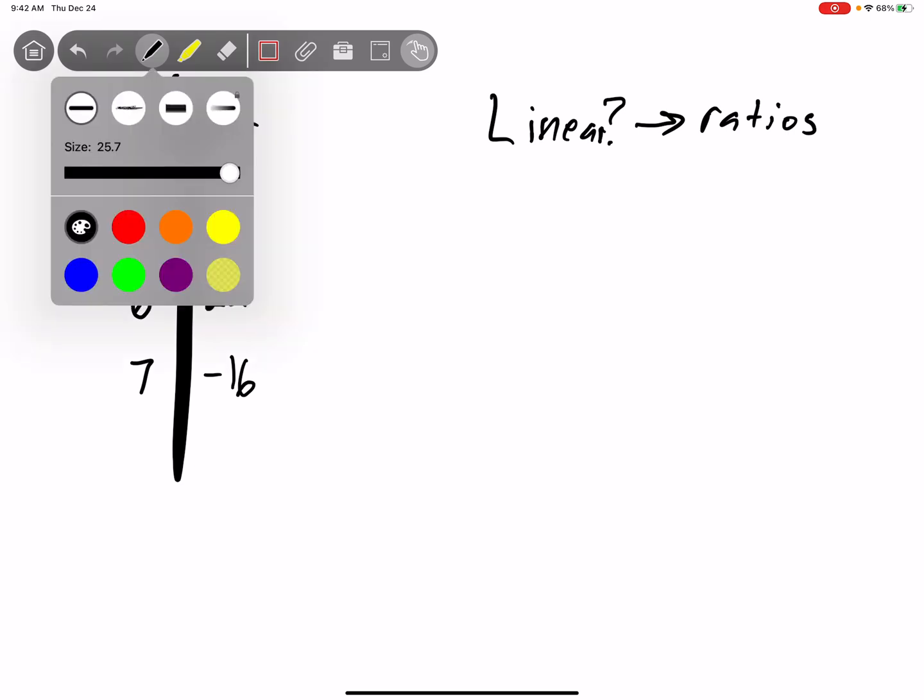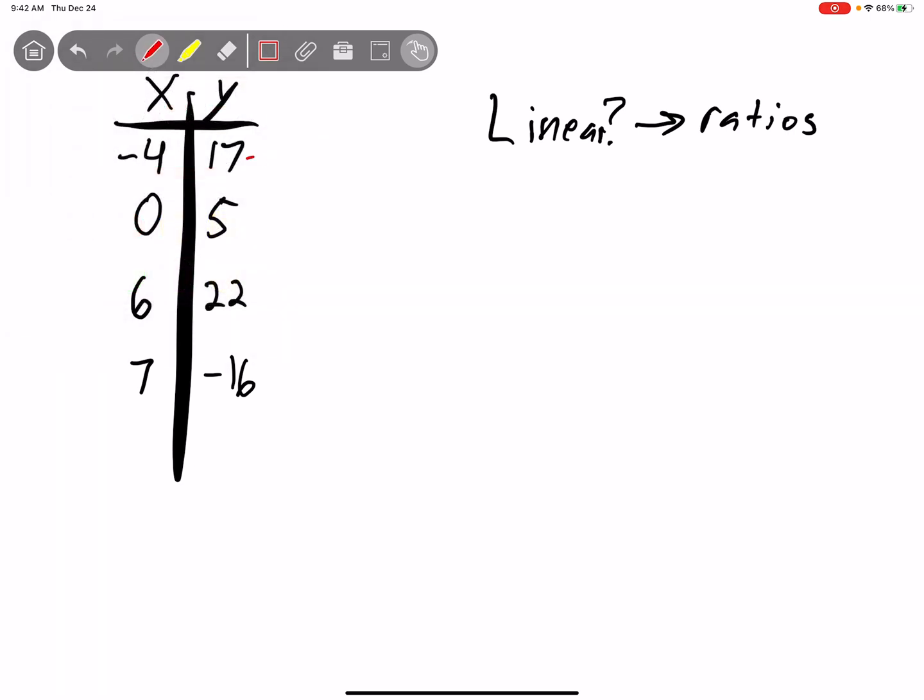So let's look at our ratios. How do I get from 17 to 5? Subtract 12. How do I get from 5 to 22? I add 17. How do I get from 22 to negative 16? I subtract 38.